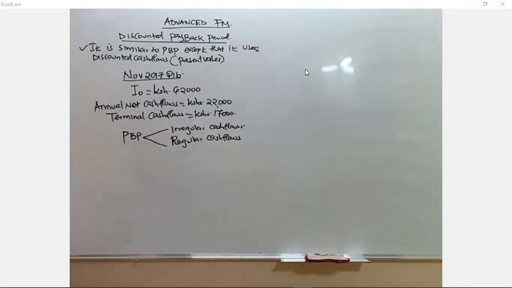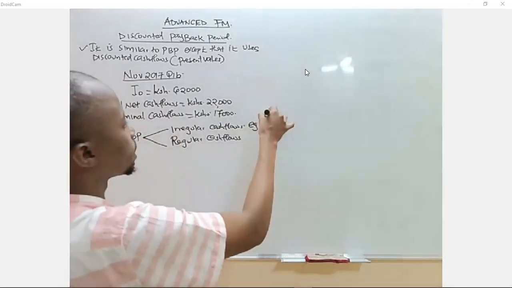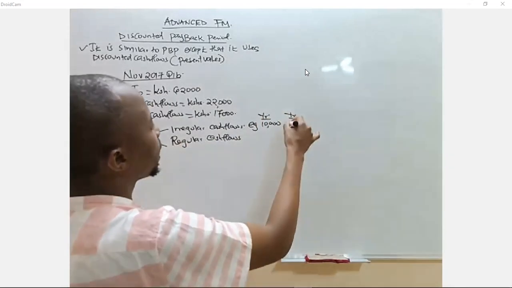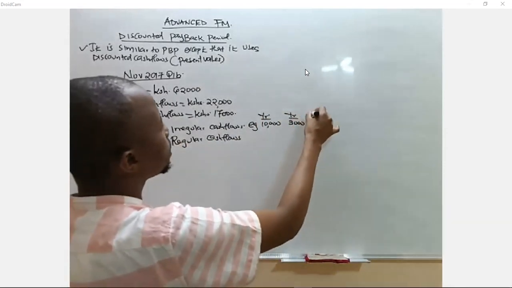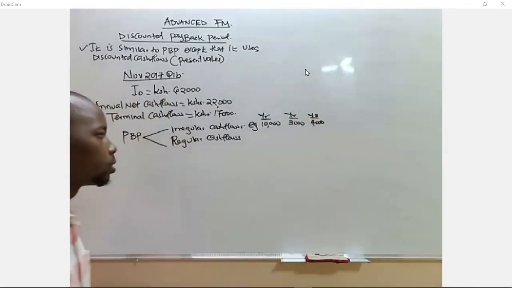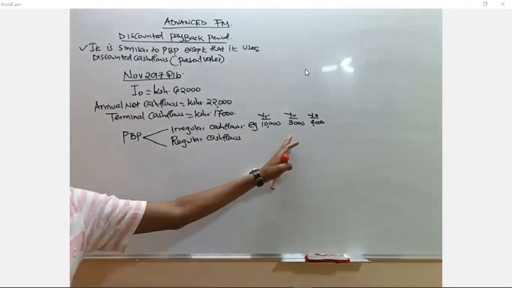The irregular cash flows is when you find that each year the cash flows are not similar. For example, in year 1 the cash flow is 10,000, in year 2 the cash flow is 3,000, and in year 3 we get about 4,000. When you look at it, the cash flows are not similar. That is what we discuss as irregular cash flows.